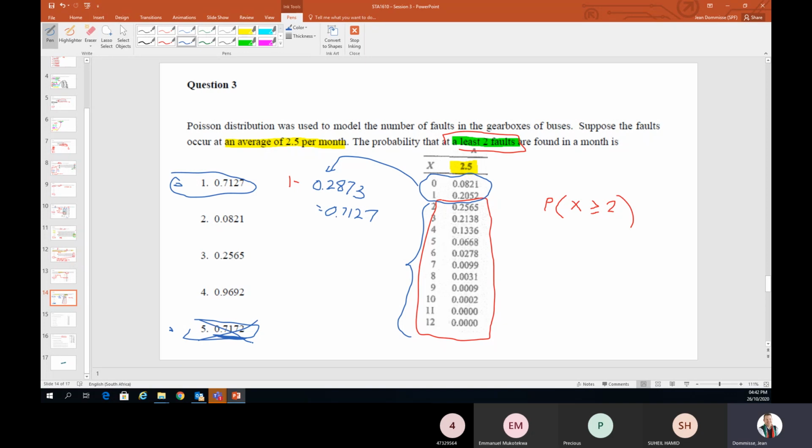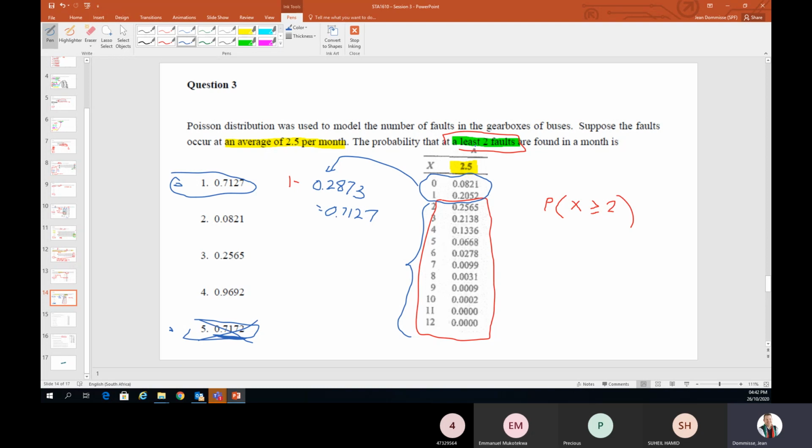Okay, must I quickly explain the concept of "at least" again? With at least two faults, it always means the minimum needs to be 2.